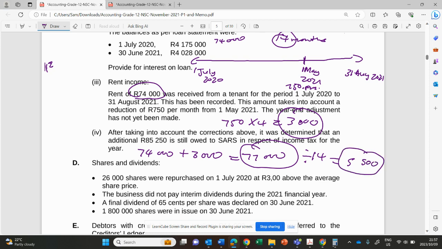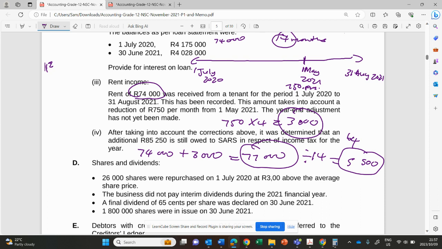This was before the reduction. So now after the reduction, the 2 months that we received in advance have a reduction.